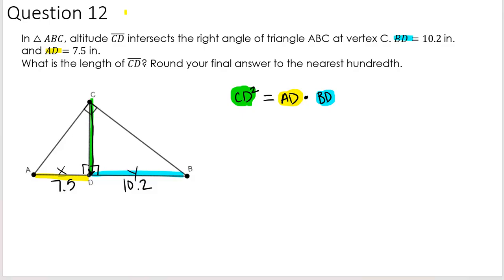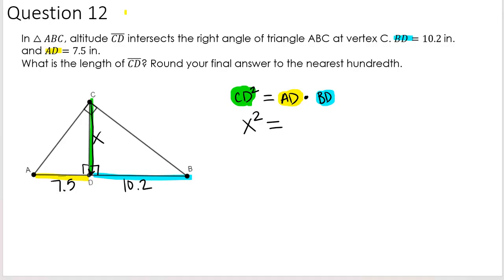So when you multiply those, they're going to be equal to the altitude squared, okay? We don't know what CD is, so you can call that X here because we're trying to solve for it, okay?